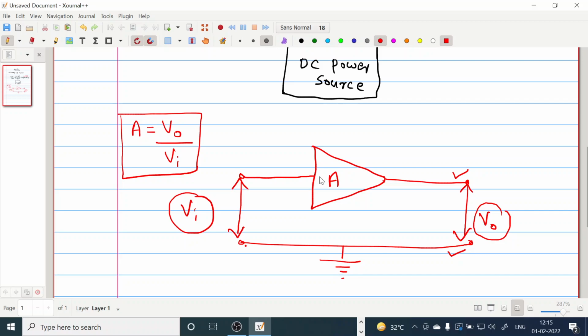so this is just the symbol of amplifier and symbolic representation.